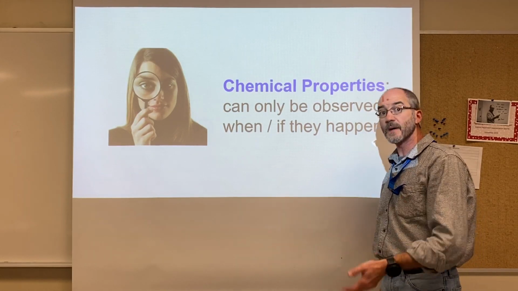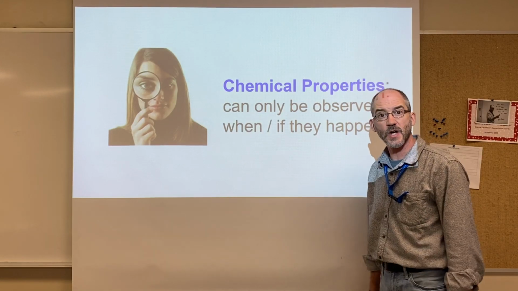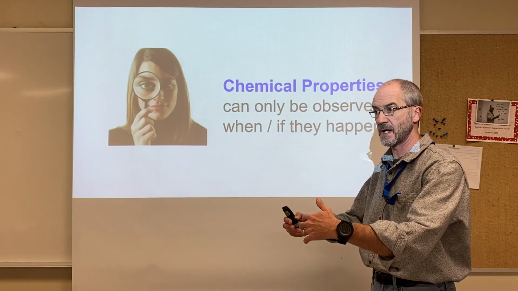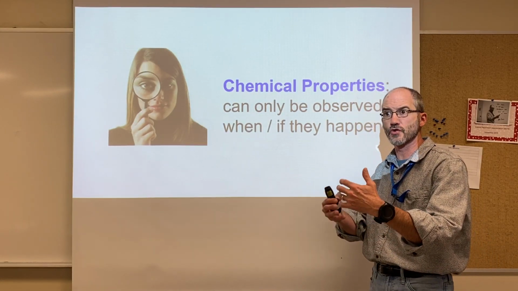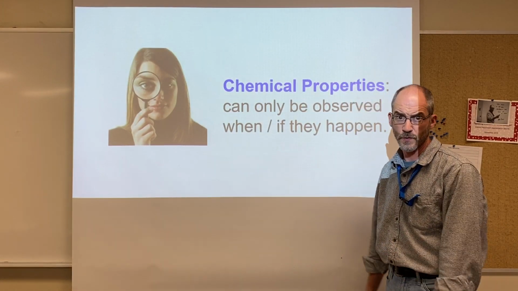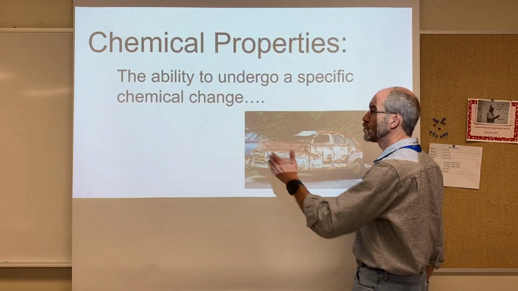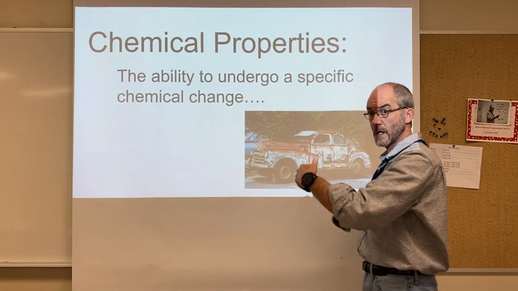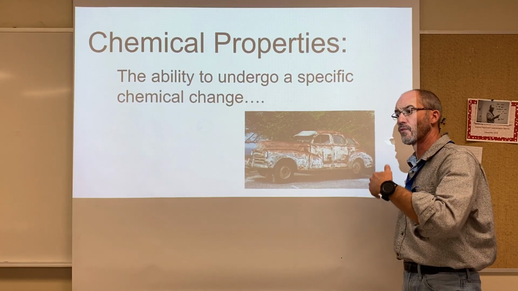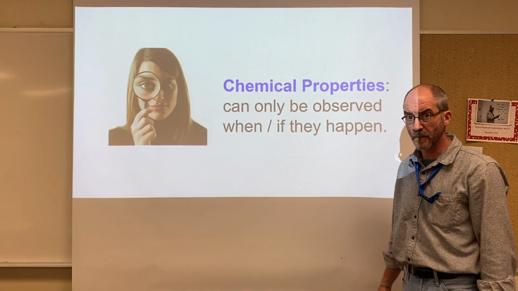A chemical change, and I'm getting a little ahead here, means you're going to have something different at the end, but you're not going to have that change until the change occurs. A chemical property says that you have the ability to do something, but you don't really have that taking place until it takes place.